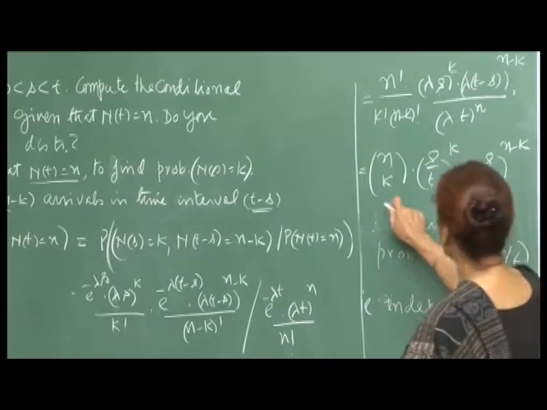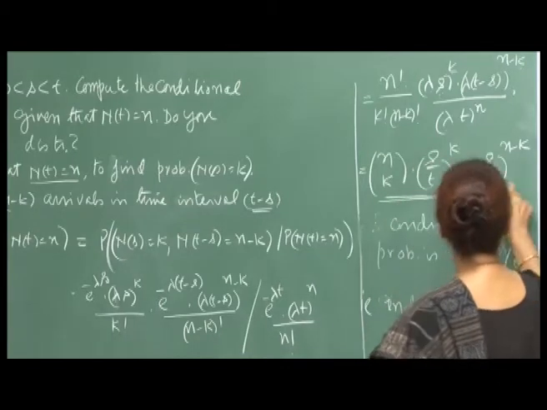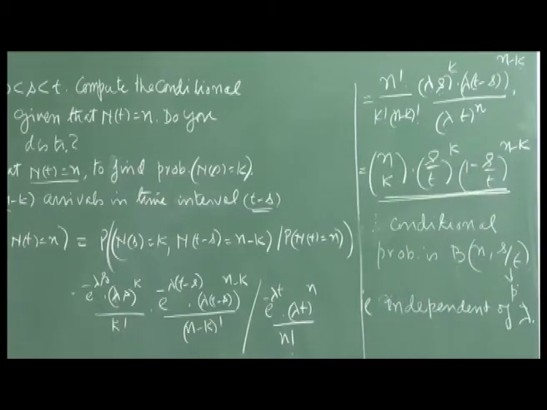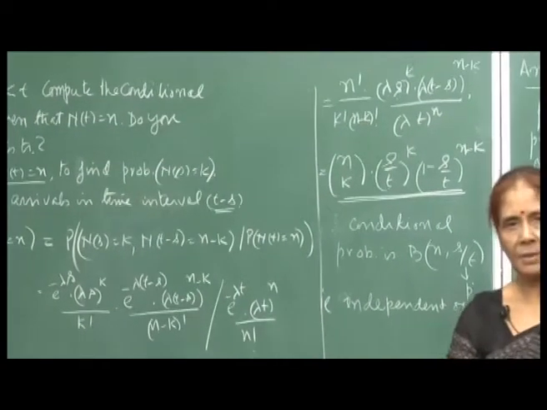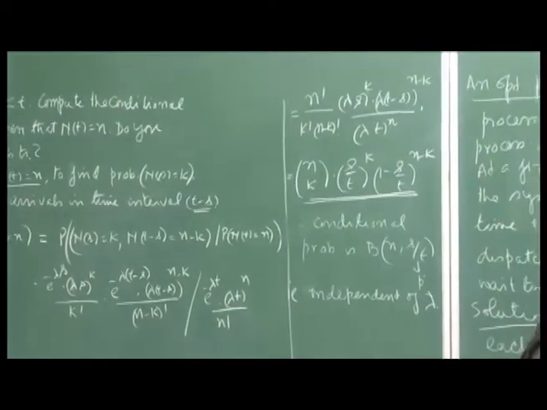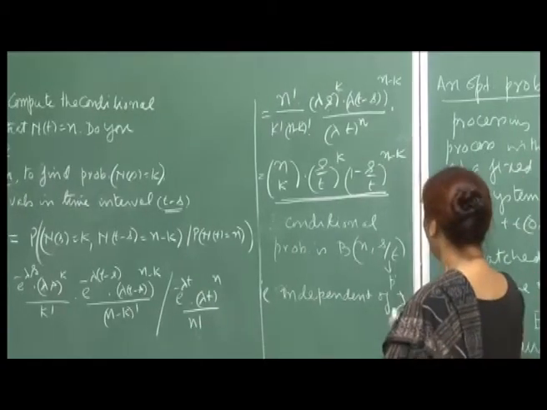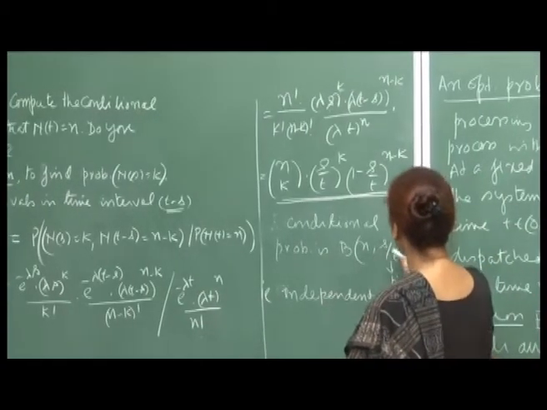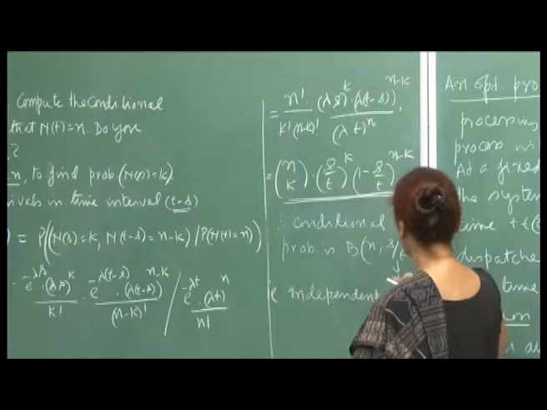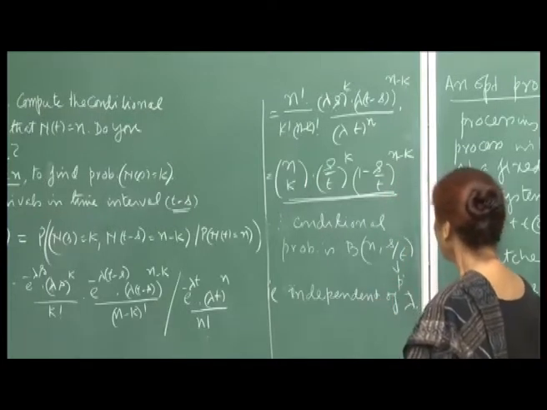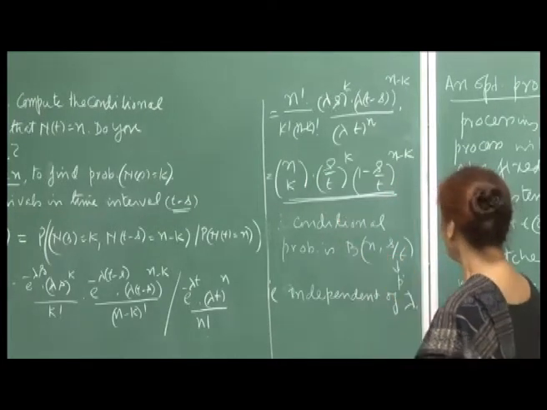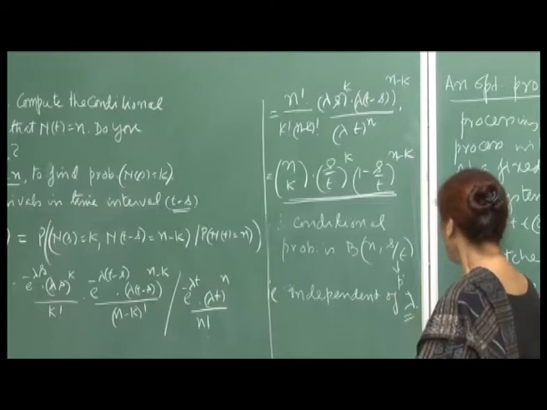So, we see that now you can recognize this. If you treat p equal to s by t, then this is a binomial probability when you are choosing k items out of n. That means you are asking for k successes out of n independent trials, and your probability of success is s by t. The more important thing is that this whole expression, the conditional distribution, is independent of lambda.